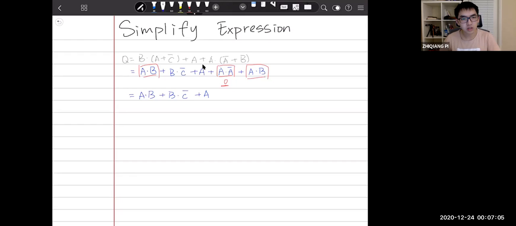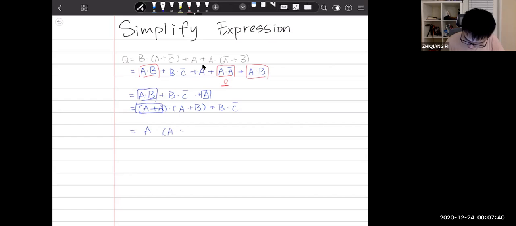And then moving on, we can use the reverse version of the distributive law. Yeah, the reverse version of the distributive law, we can get something like A or A and A or B, or B and not C. And using the idempotent law, this term is just A. I'm just writing it down again.